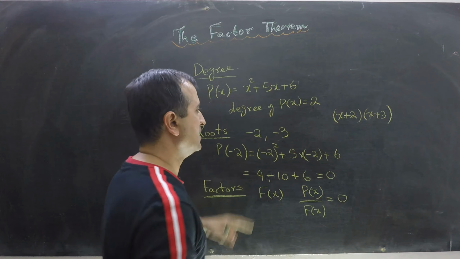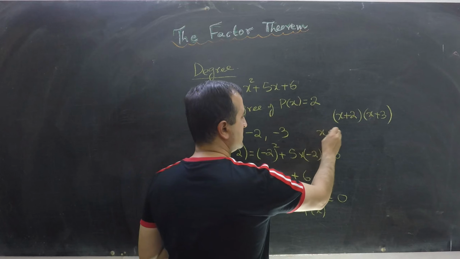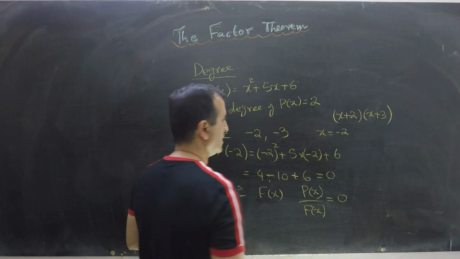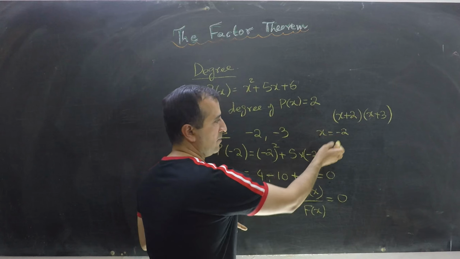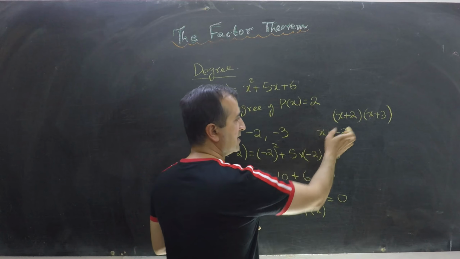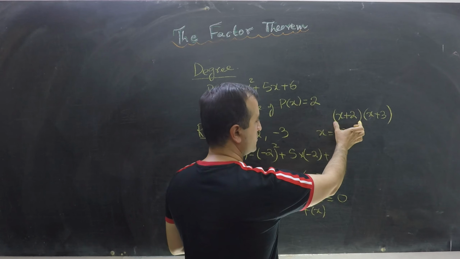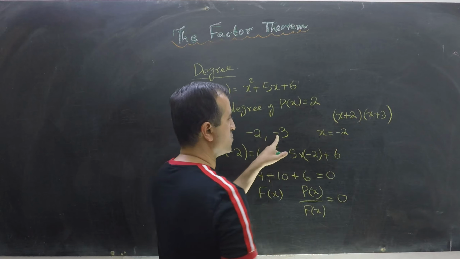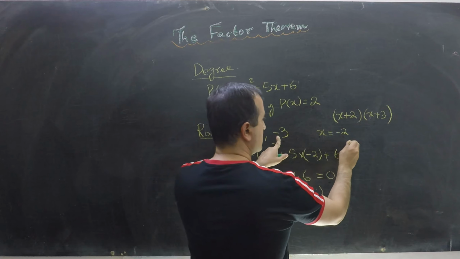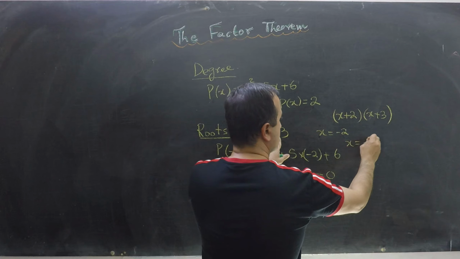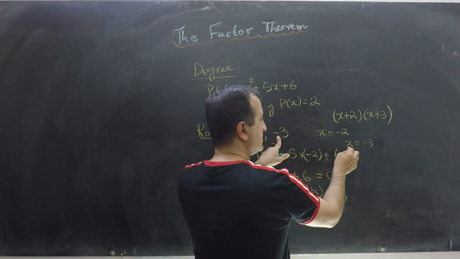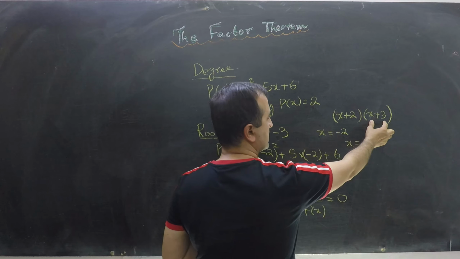It is because in this case my x is equal to -2, and if I solve this equation by taking -2 to this side, I will get my factor x plus 2. Similarly, my another value of x was -3, and when I take -3 to this side, I get my factor x plus 3.